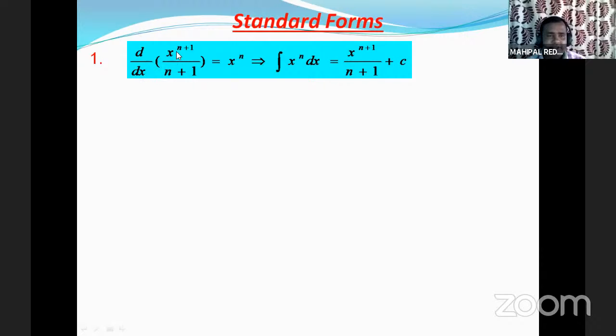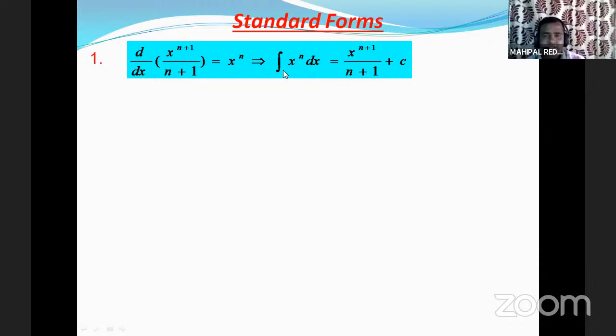The derivative of x power n plus 1 by n plus 1 gives x power n. The derivative of x power n plus 1 is n plus 1 into x power n, so n plus 1 gets cancelled, and the answer is x power n.